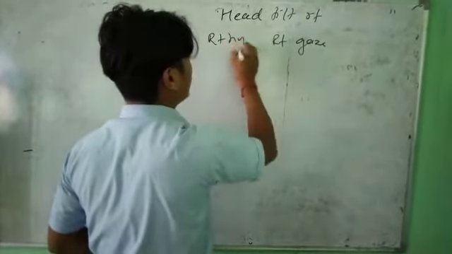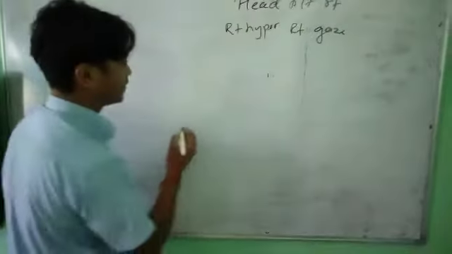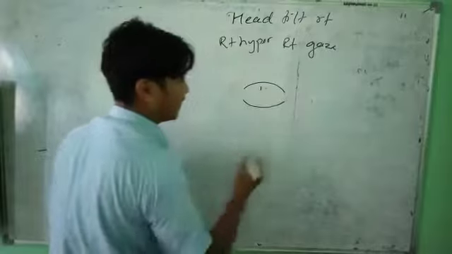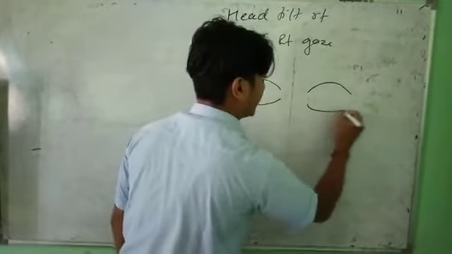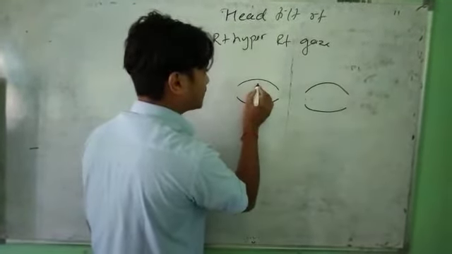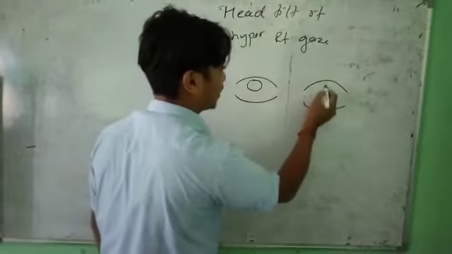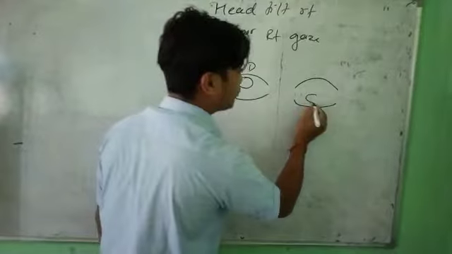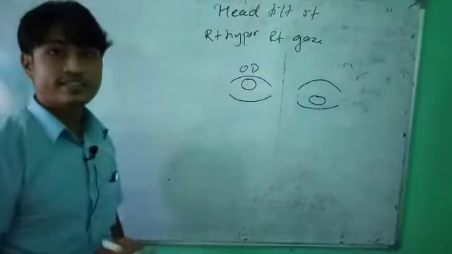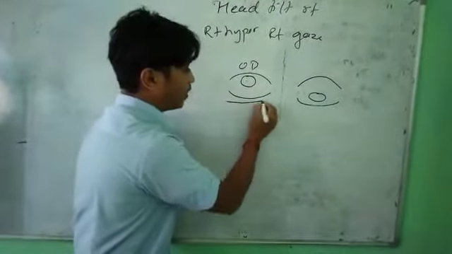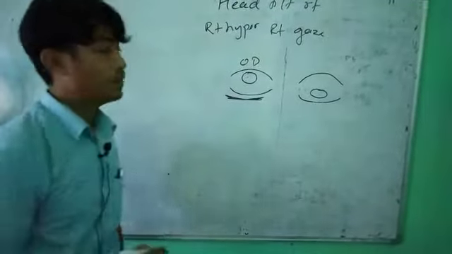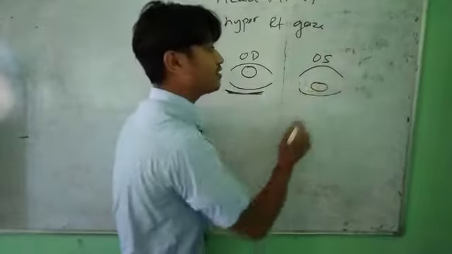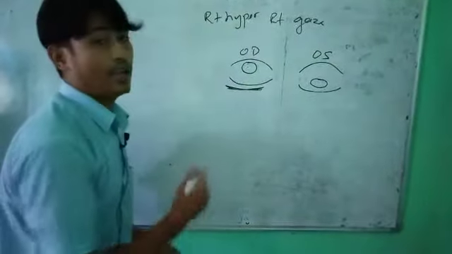Suppose this is the right eye, this is the left eye, and the right eye is hypertropic. If the right eye is hypertropic, the left eye will be hypotropic. So what we consider is that the depressor muscles are going to be damaged, are going to be paralyzed, and the elevator muscles of the left side are damaged.